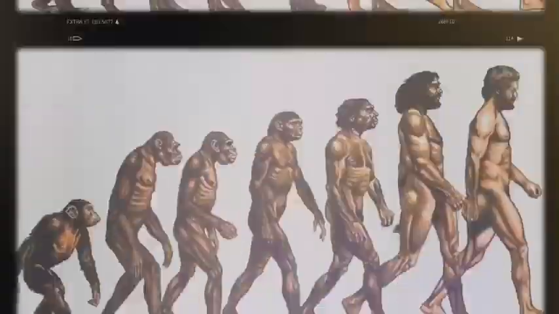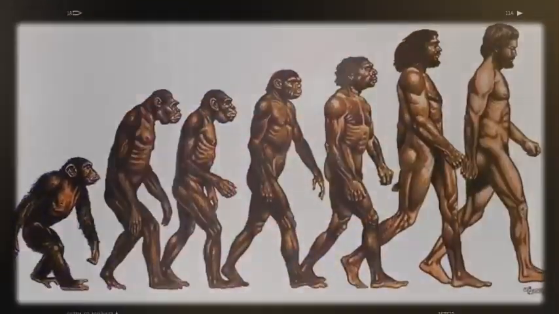But there are different versions of theories, and there is a concept of evolution. One of the hallmarks of evolution is that human beings originated from other primates, let's say monkeys and chimpanzees. Evolution is how things evolve from one state to another.